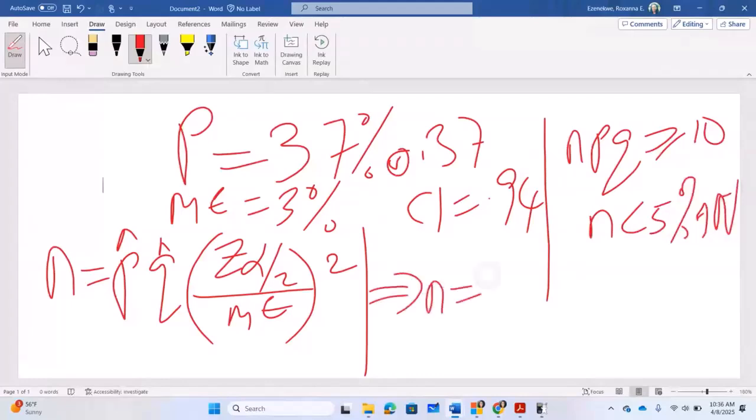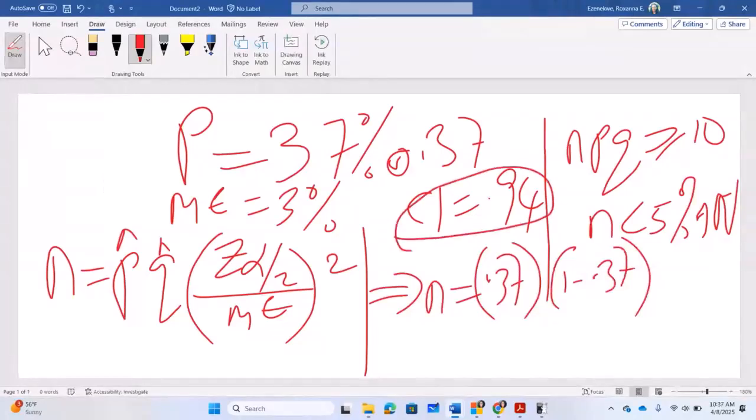Okay, so now we're going to do the calculation. We are given everything. So the p, rewrite it here. So n is equal to 0.37 times, divide 6% by 2.